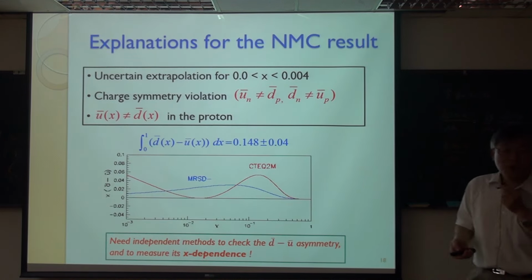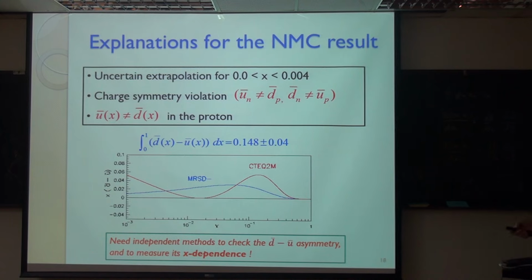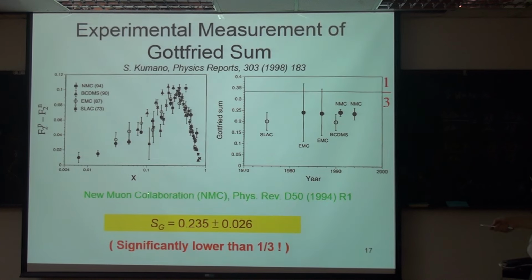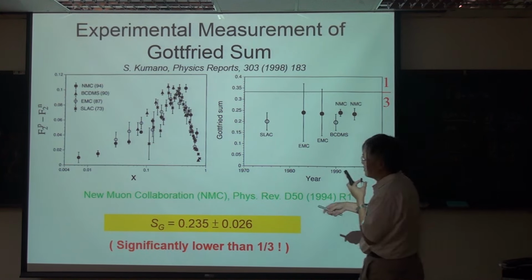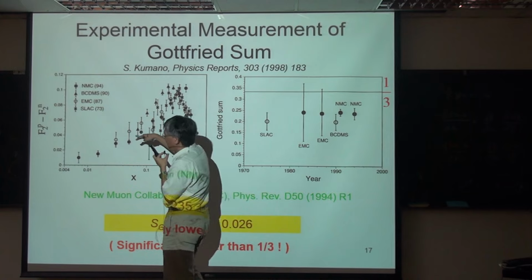Then what would be the explanation? Some people still believe that, because experimentally you can only make your measurement over a limited range of x, there is still some leftover here. So it relies on some kind of extrapolation.